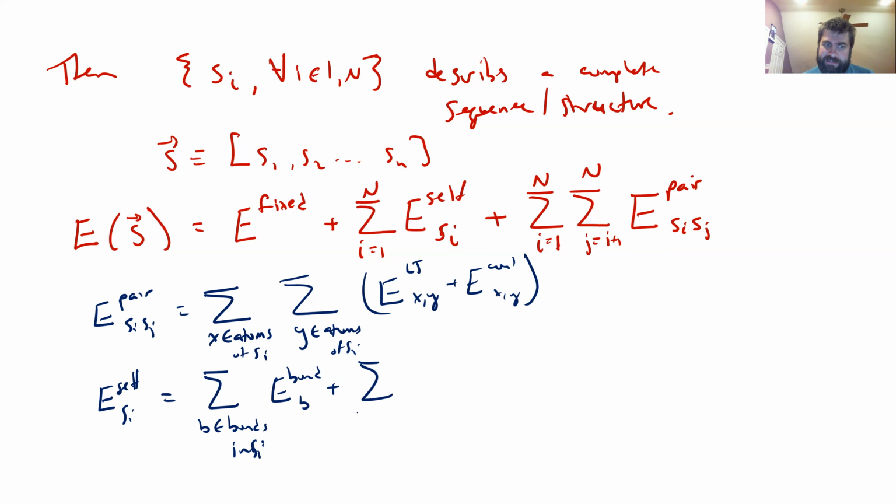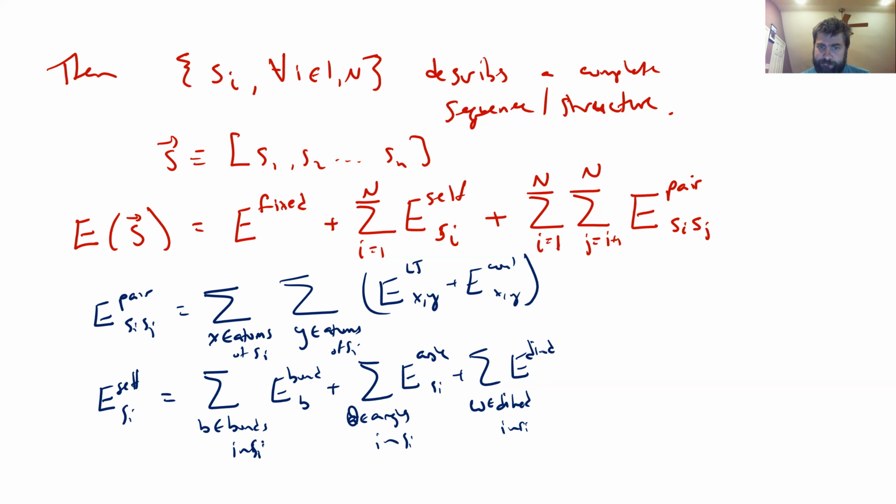We'll have a sum over all of the angle terms that include an atom in that side chain. We'll have a sum over dihedral angles that involve an atom of that side chain.